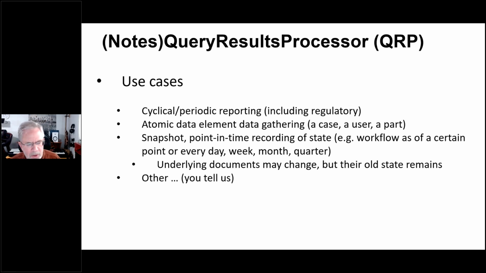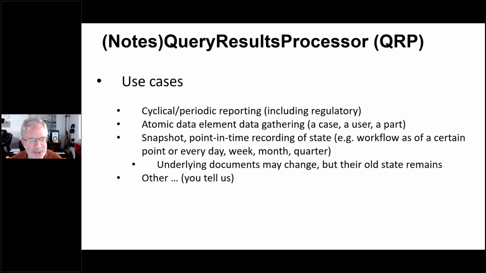The third one that we know about, and I know that other things will come up, is snapshotting. Basically recording a state. With a regular view, the idea is you want to refresh it. Well, you don't have to refresh them. You can keep the state of things at a certain point in time, every day, month, and quarter.